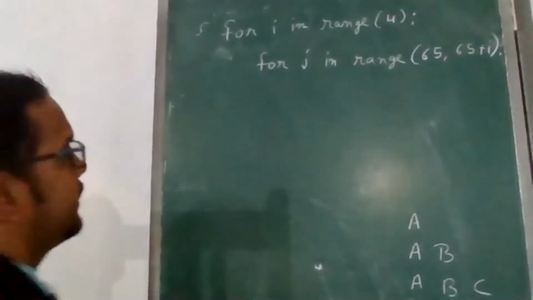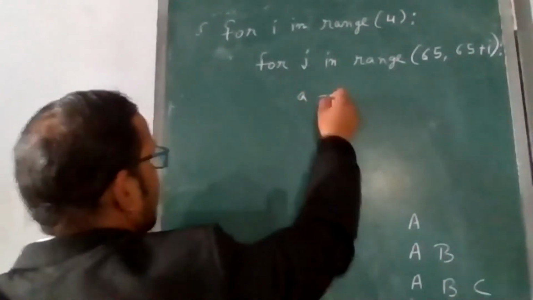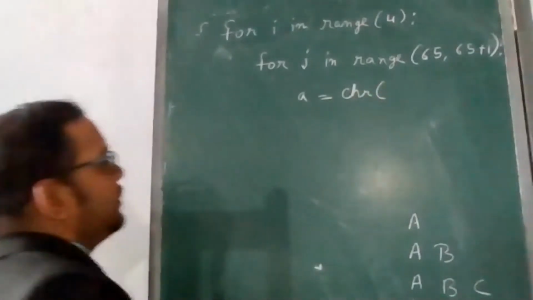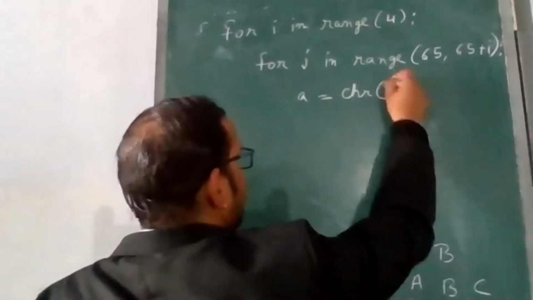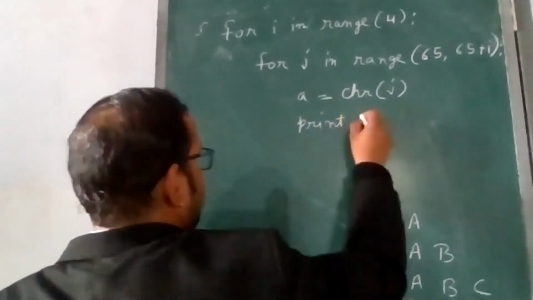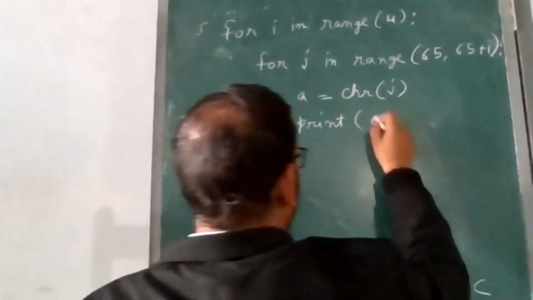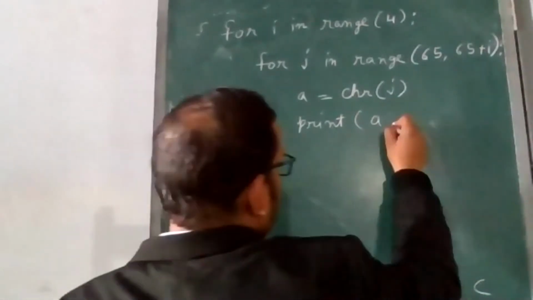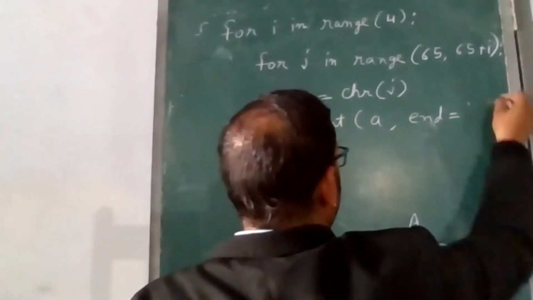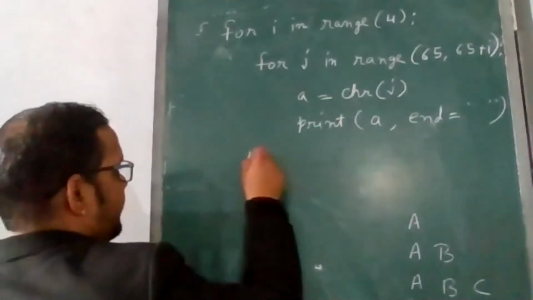Then take another variable like a equals to chr. chr will convert the value of j. Then print a, comma, end, and then print.